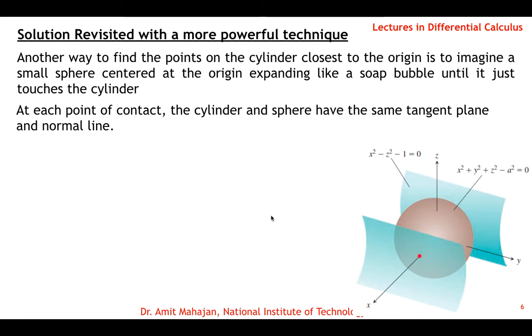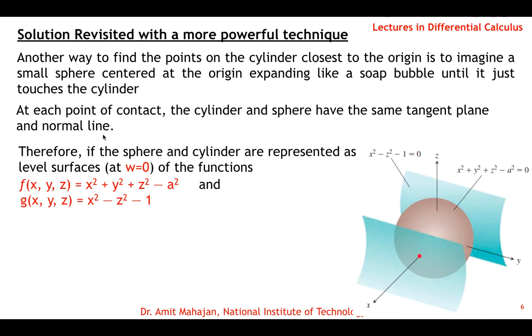Okay, so if the sphere and cylinder are represented as the level surfaces at w = 0 of the functions f and g, then at f = 0 this level surface will be this sphere, and when g = 0 it will be x squared minus z squared minus 1 equal to 0, which is this hyperbolic cylinder.